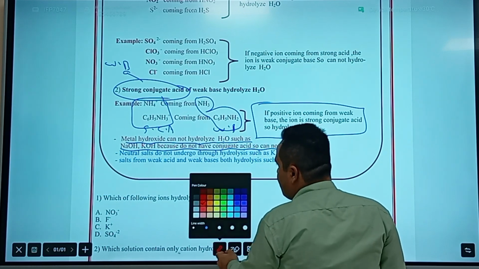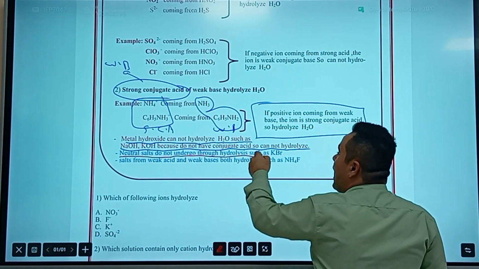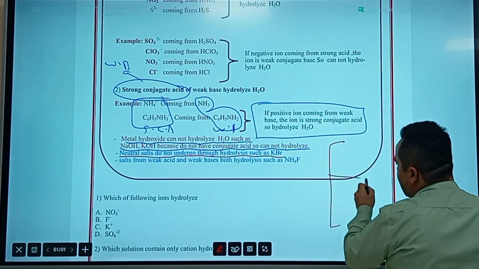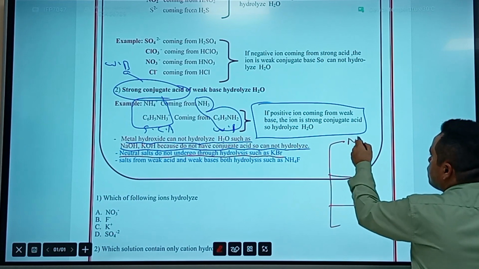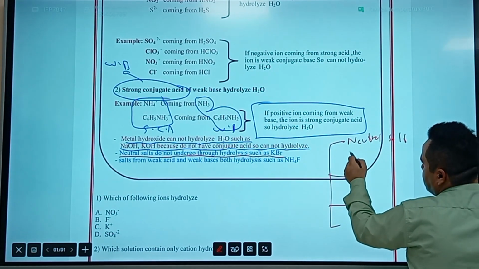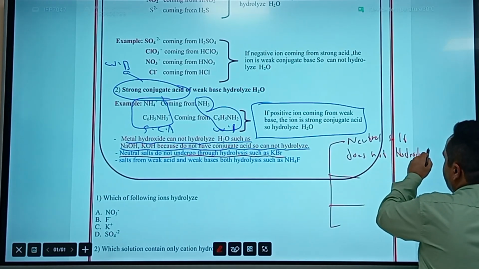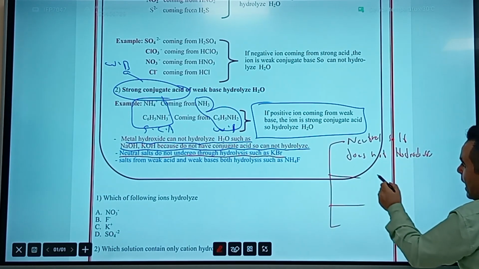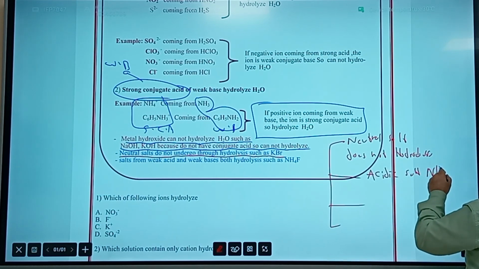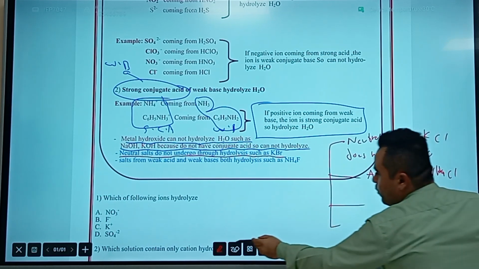And then next, neutral salts do not undergo hydrolysis, such as KBr. In terms of the salts, guys, the neutral salt does not hydrolyze, neither anion nor cation. Acidic salt, like NH4Cl, here like KCl.